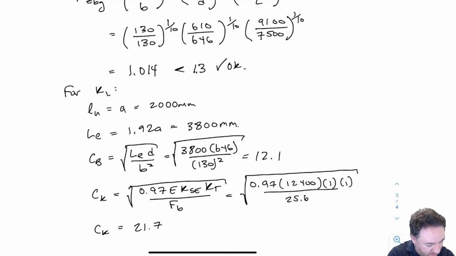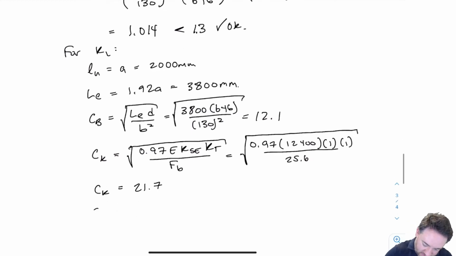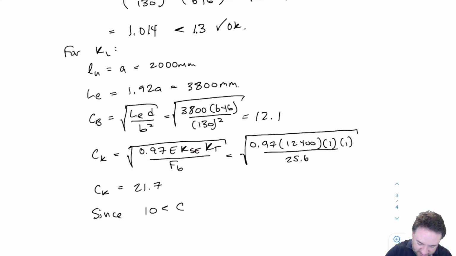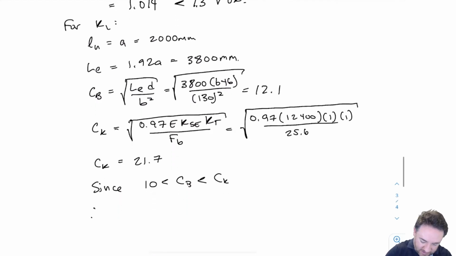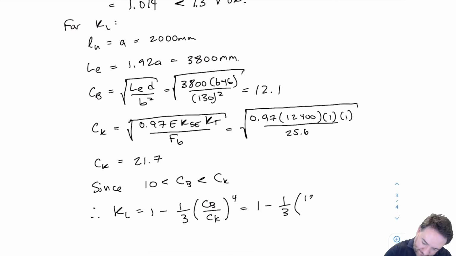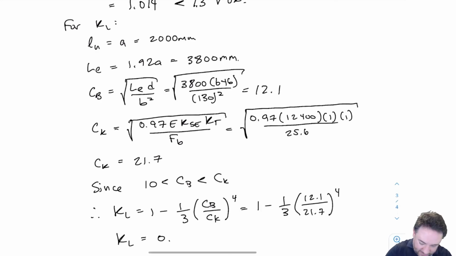And so I'm in the kind of intermediate region then, because CB is between 10 and CK. So therefore, my KL is going to be this equation. And I get KL equals 0.967.